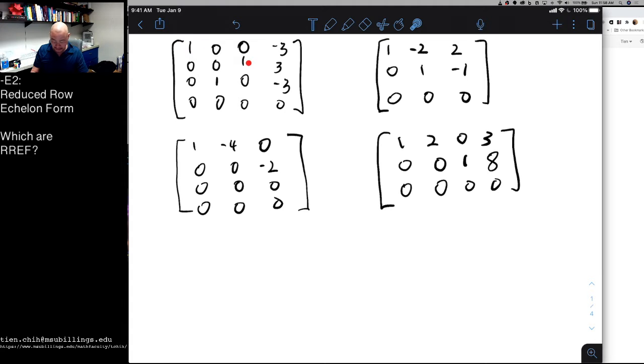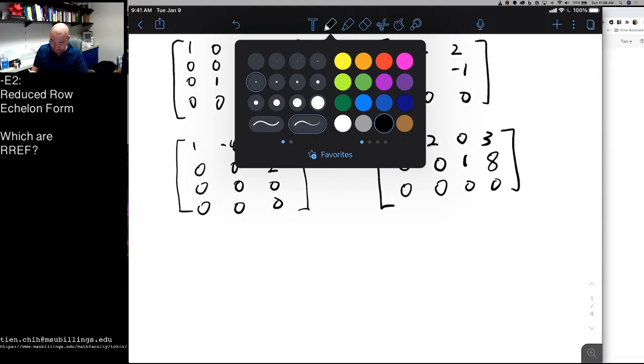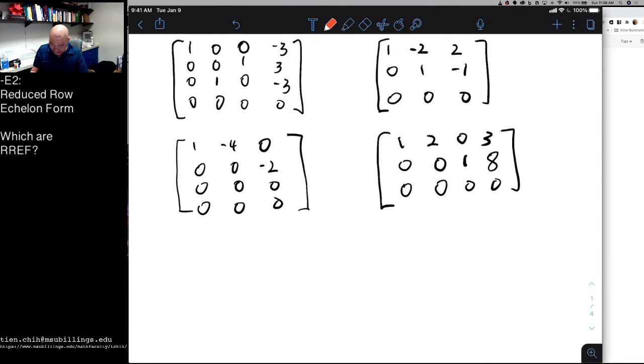You start here, then you go right, and then you come back left. So I'm going to go ahead and say that this is not in reduced row echelon form. It could be in reduced row echelon form if maybe we swapped these two rows, which is a valid move, but it's not done as it stands.